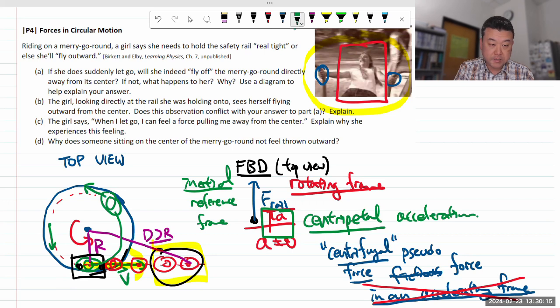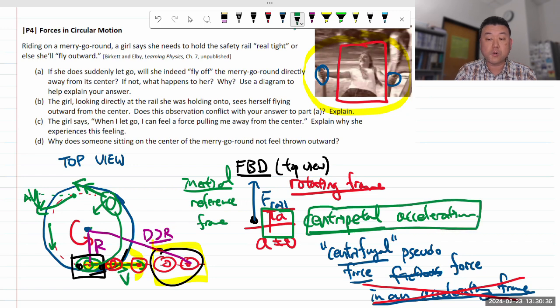Because your velocity is changing direction, even when the speed remains the same, there's a change of velocity pointed towards the center of the circle. So whenever you have uniform circular motion, think centripetal acceleration. There will always be some acceleration, and that's what this is. The force from the rail is providing the centripetal force that produces the centripetal acceleration.